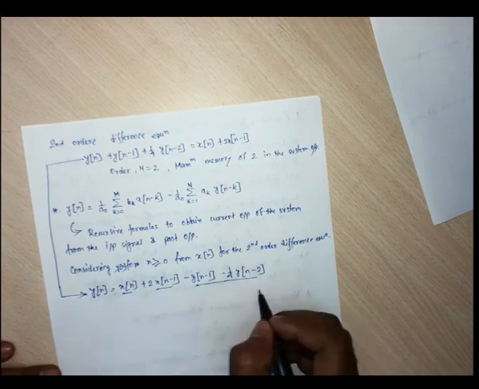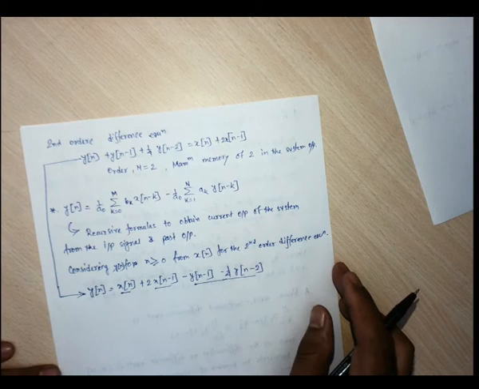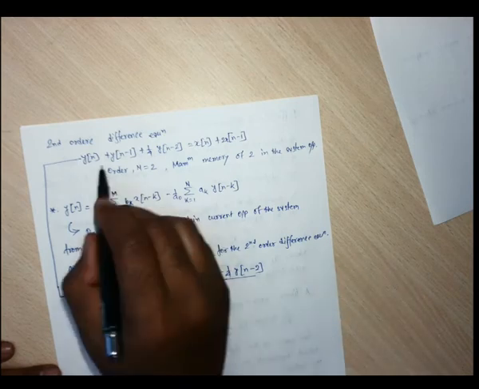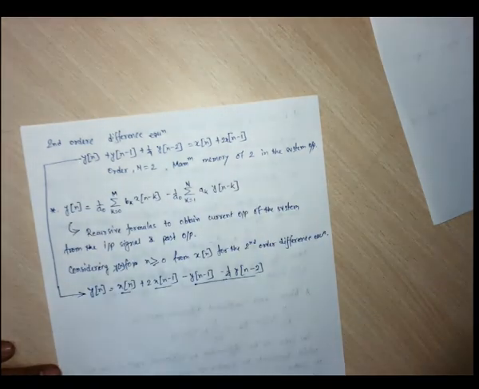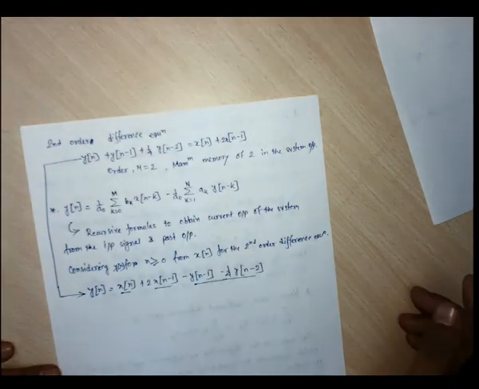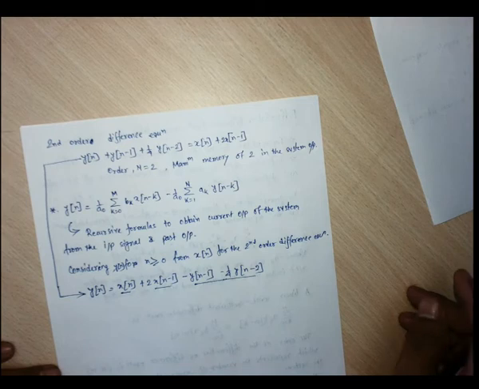So this kind of formula, where we find the present output of the system, is known as a recursive formula or recursive expression. So when this kind of input output relation is given in terms of a difference equation, from where we want to find the current output of the system, that rearranged expression of the input output relationship is known as a recursive formula or recursive expression.